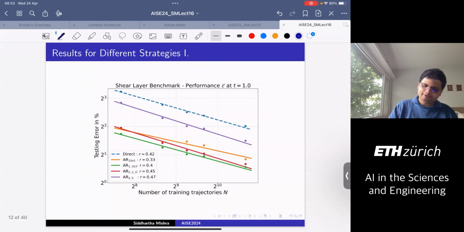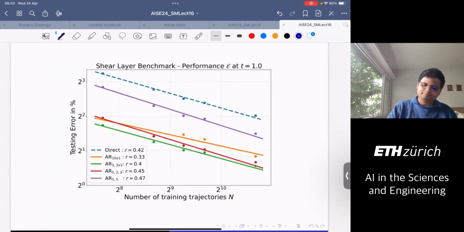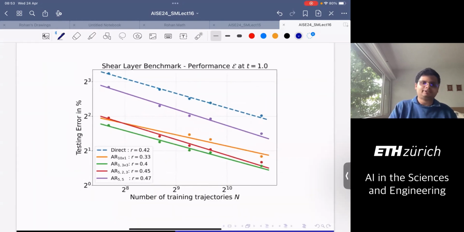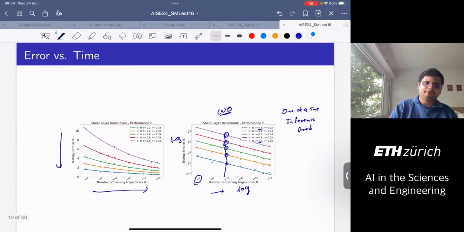Okay, so these are the different inference strategies. Remember that the simplest is, of course, direct. As expected, it gave you whatever results it gave you. This is what I explained just before I went into the numerical results section.